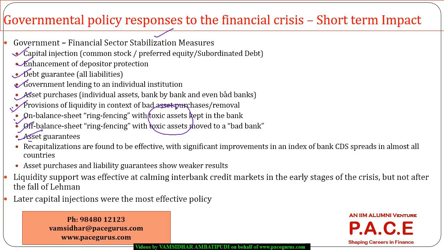Now out of all these things, if you look at the areas, so these are more of recapitalization. So these steps, it has injected fresh capital. So it has done some kind of a recapitalization. If you look at all these things, this is more to do with asset purchase.